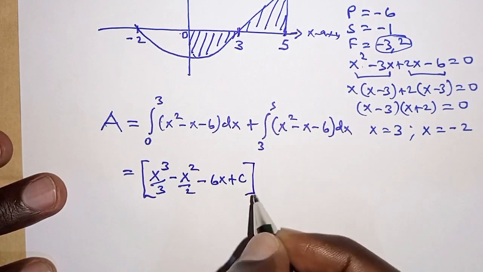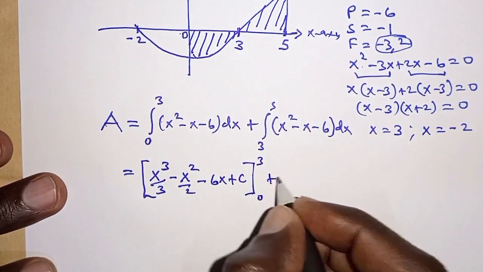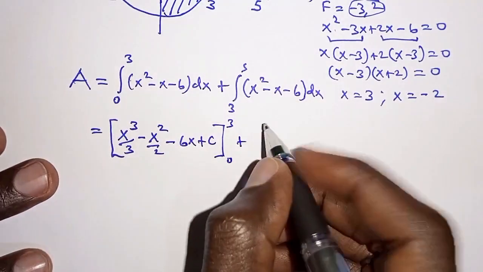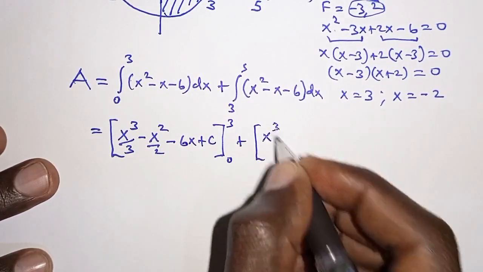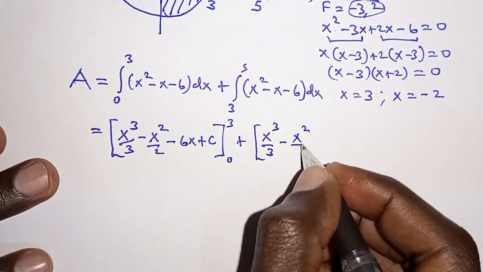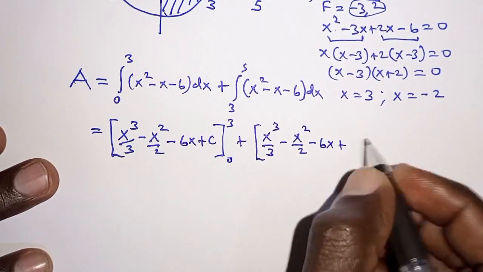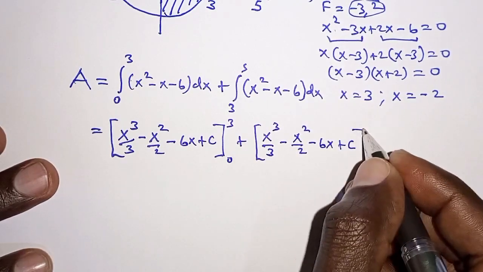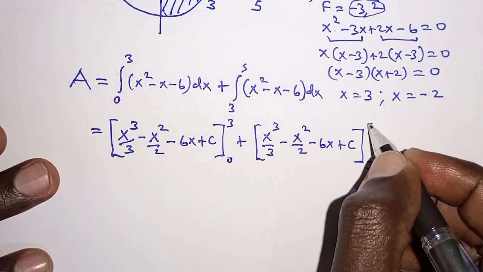Now this will be within the limits 0 to 3. And then for the other part, we'll have the same thing, but now the limit's different. We have x cubed over 3 minus x squared over 2 minus 6x plus a constant c. But now x ranging from 3 to 5.